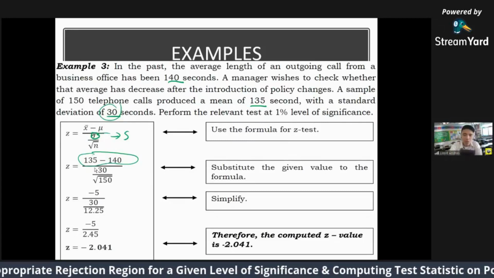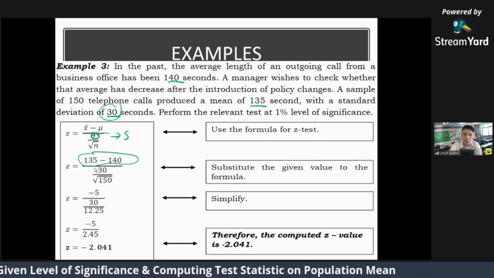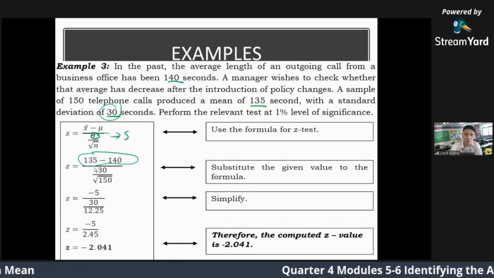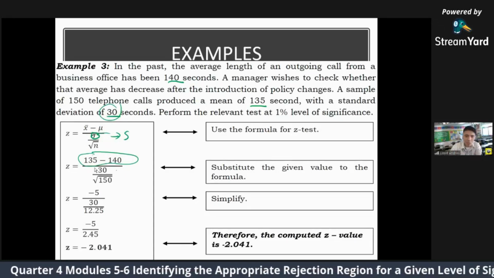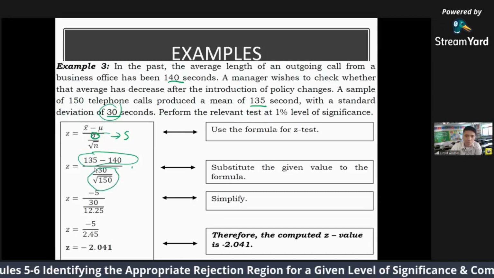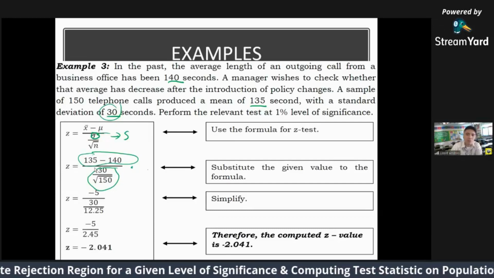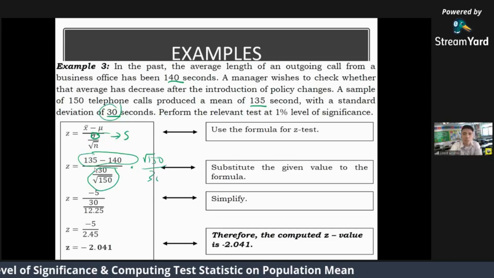We have here 135 minus 140, which equals negative 5. Since it is in the denominator, you can go straight to multiplying by its reciprocal: times the square root of 150 over 30 in the calculator.